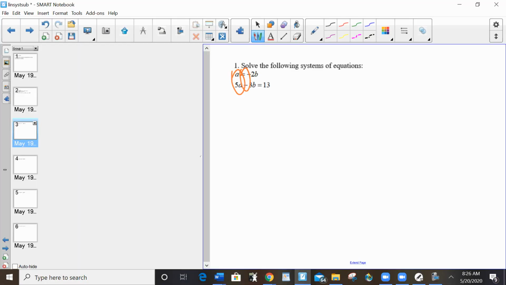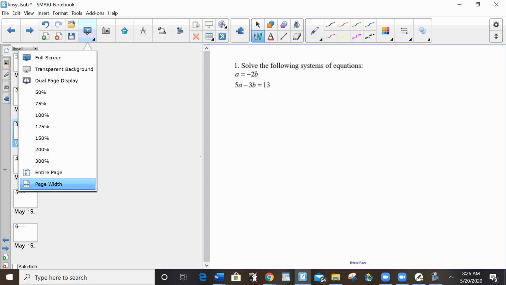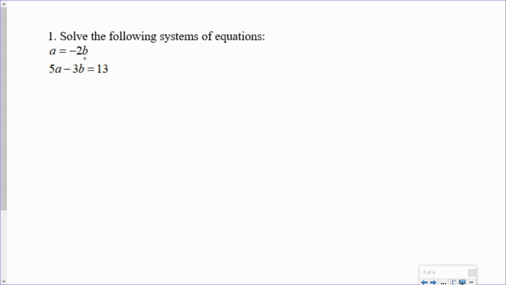When everything's lined up nicely, that's when I want to do elimination, but it's not lined up nicely. Is one of the variables isolated? Yes. A is isolated. So if A equals negative 2b, then I'm substituting negative 2b in for A. So instead of writing A, I'm writing negative 2b.